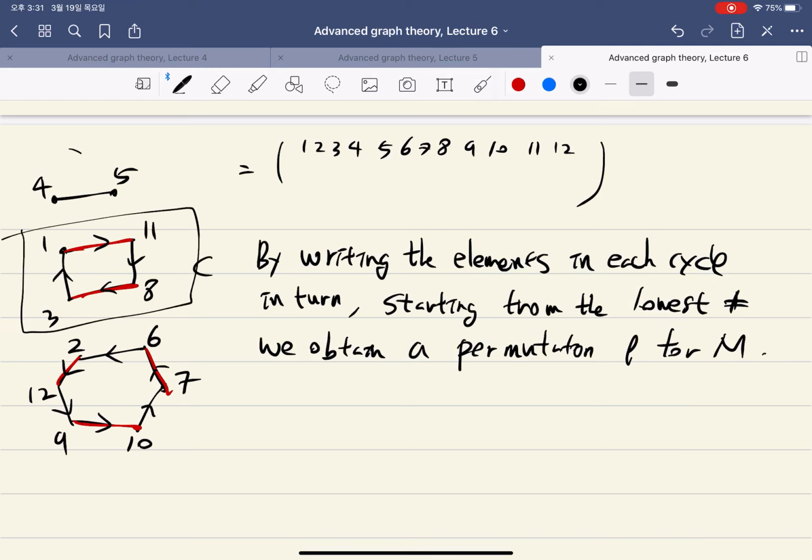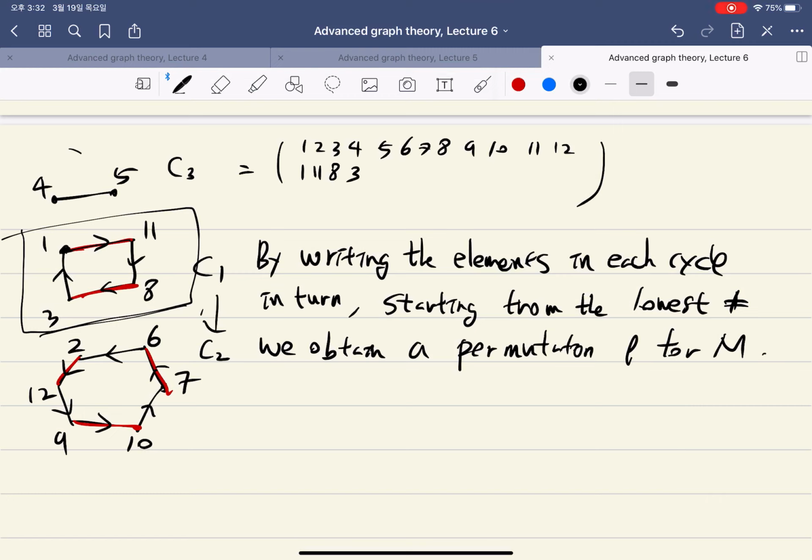Here, let's say this is C1 and C2 and C3. Then we start from C1 and we choose the lowest number, and you write it in this way: 1, 11, 8, 3. Then you move to the next cycle, C2.